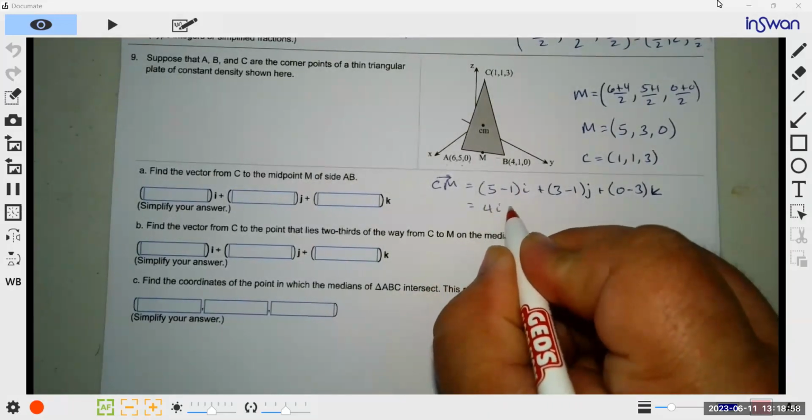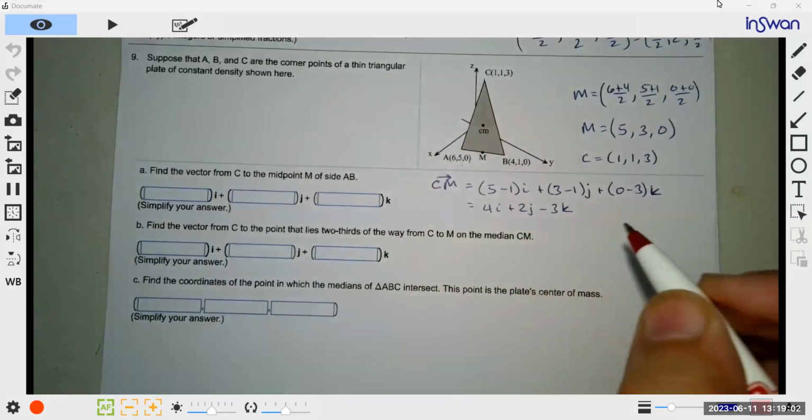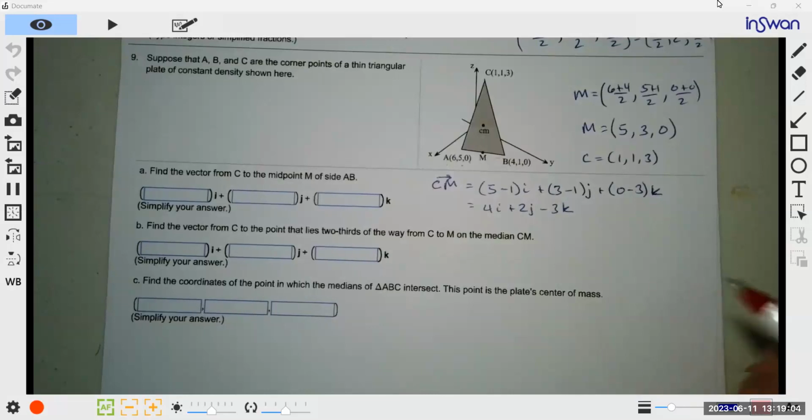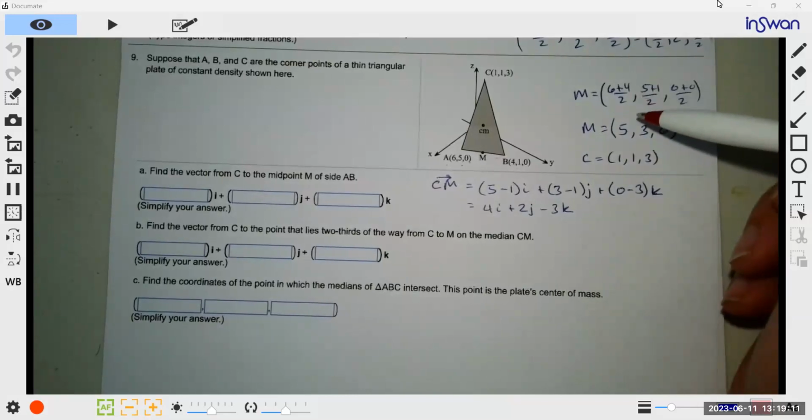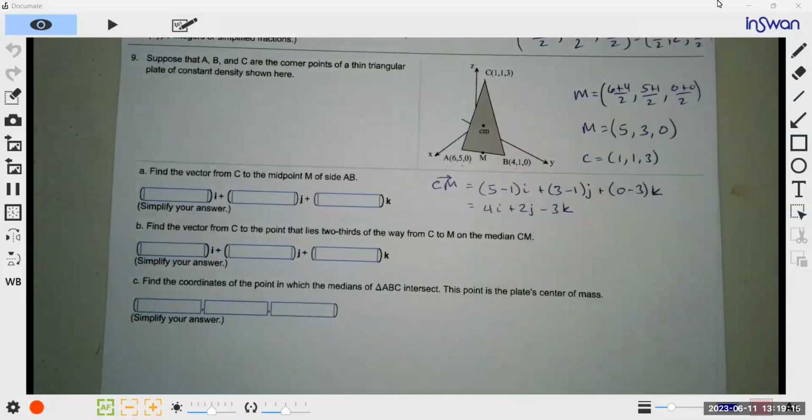Four i plus 2j minus 3k. Okay, so that's what was inside the points there.